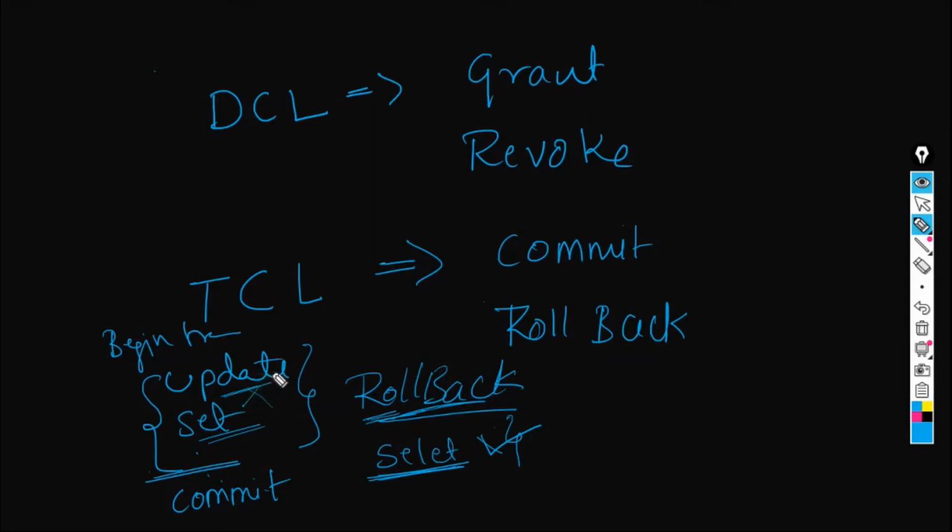Whatever it was in the original form, it just goes back to the data as it was before running the update statement. So it is just used for rolling back the transaction. Commit means yes, whatever update statement I have run is perfect, just commit it. But with rollback, no, this is wrong, just go back to the original state.